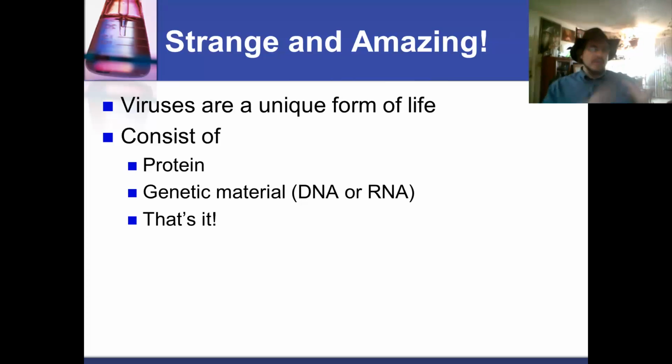Sometimes they carry a few enzymes. Their protein coat has some other proteins attached to it to allow them to bind to cells, but honestly, that's it. Protein and genes.